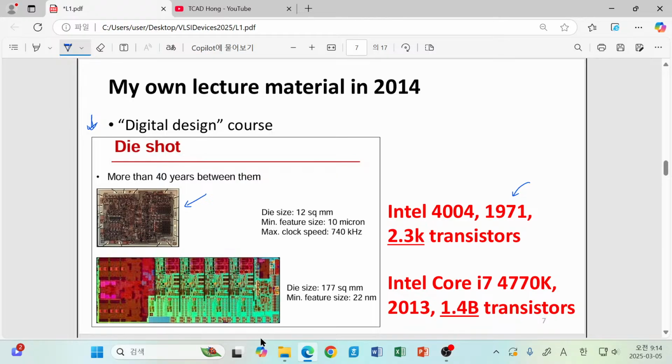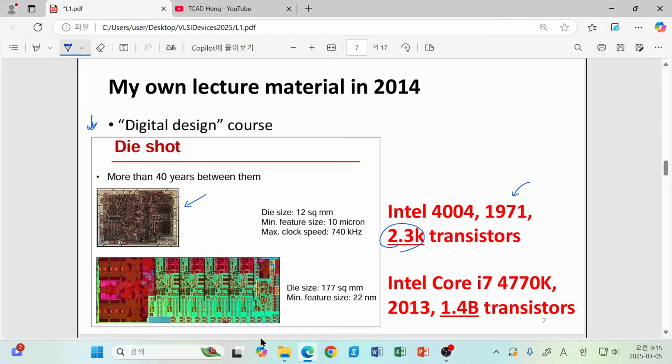At the time, we had 2.3 thousand transistors. Actually this chip was designed by two guys, one leader and another Japanese supporter dispatched from a Japanese company. They did it after spending several months.